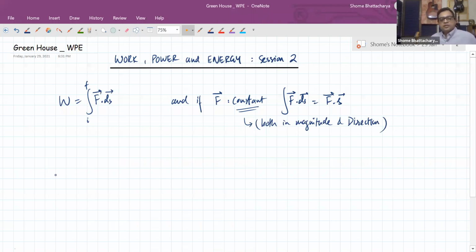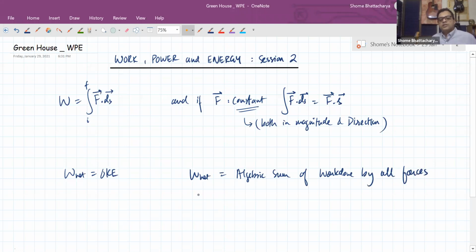And then we saw that the net work done by the sum of forces acting on a body equals the change in its kinetic energy. This is the other theorem that we had seen. Net work done is the algebraic sum of work done by all forces.